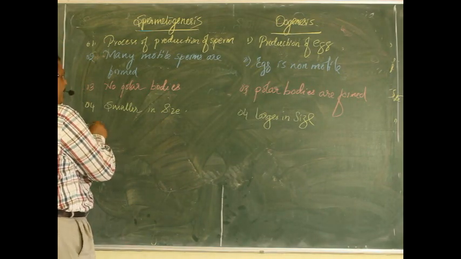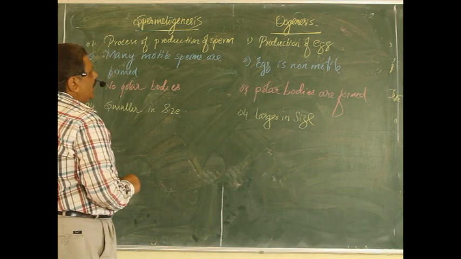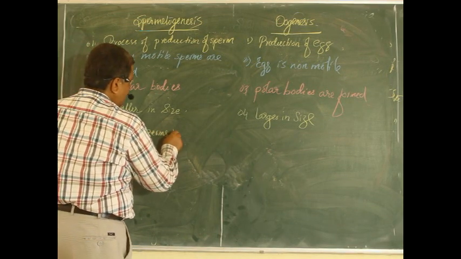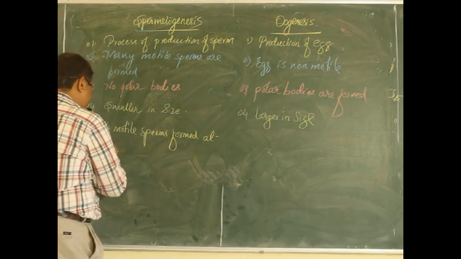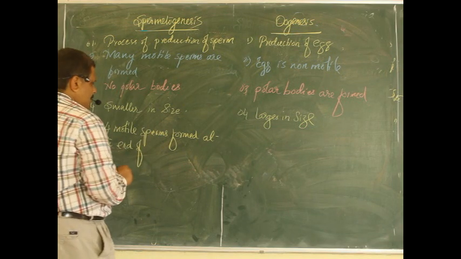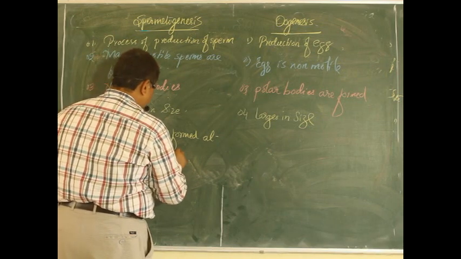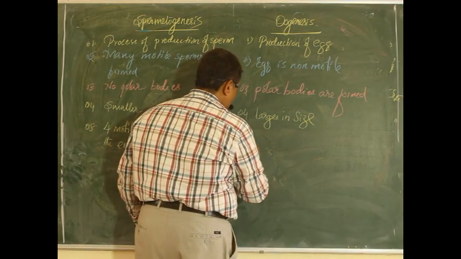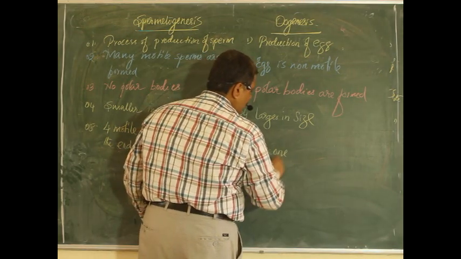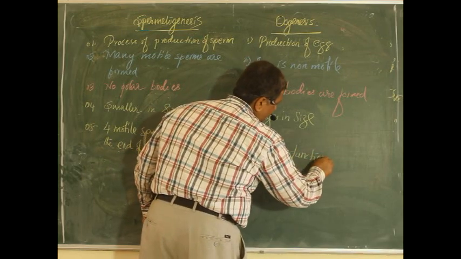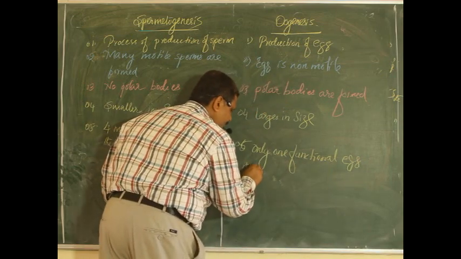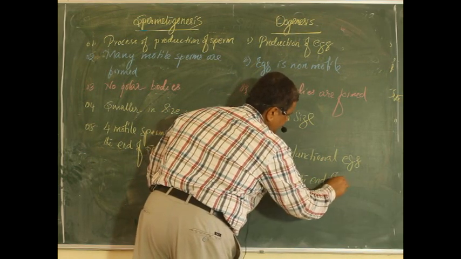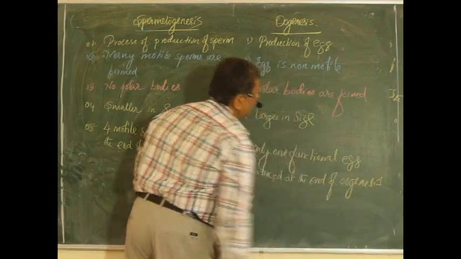Then, four motile sperms are formed at the end of spermatogenesis, whereas only one functional egg is produced at the end of oogenesis.